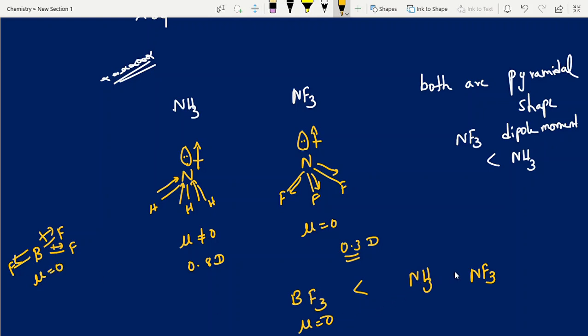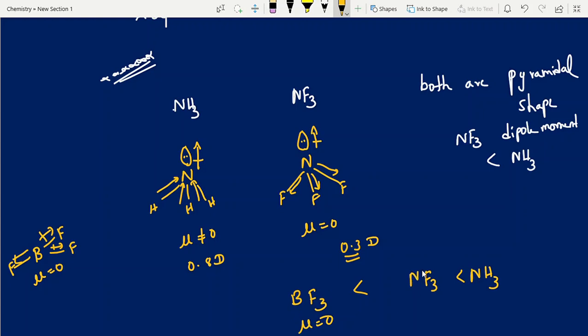Finally NH3 is more. This is one of the frequently asked questions: NH3 is greater, NF3 is less; compared to BF3 it is more, compared to NH3 it is less. We expect questions like this on dipole moment.